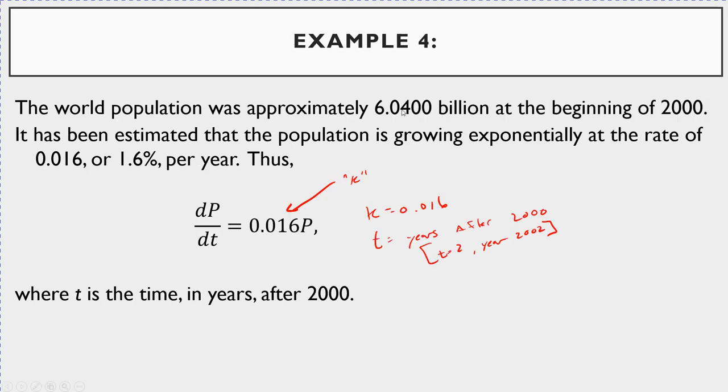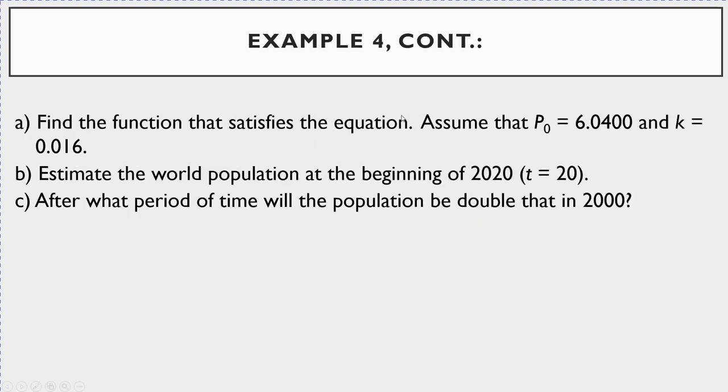So when you get a number like 6, it's going to be like 6 billion people. So P sub 0 is 6.04, and k here is the growth rate, 0.016. Let's estimate the world population at the beginning of 2020, when t is equal to 20. And after what period of time will the population be double that in the year 2000?